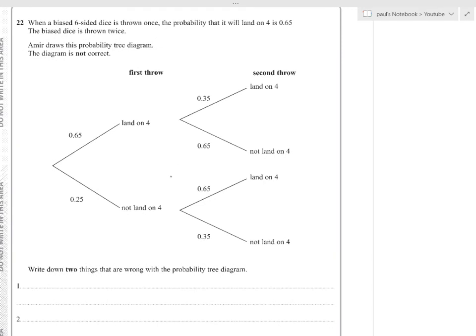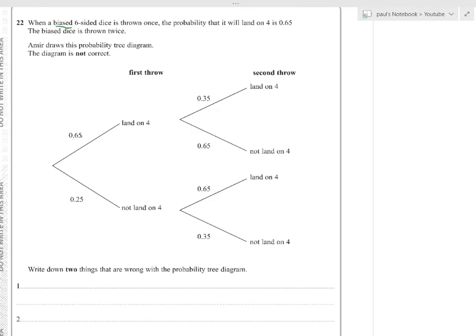Okay, so what have we got here? When a biased dice is thrown, the probability it will land on 4 is 0.65. When a biased dice is thrown twice, it's not correct.